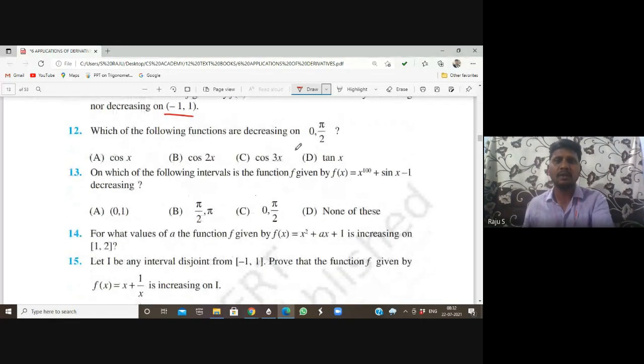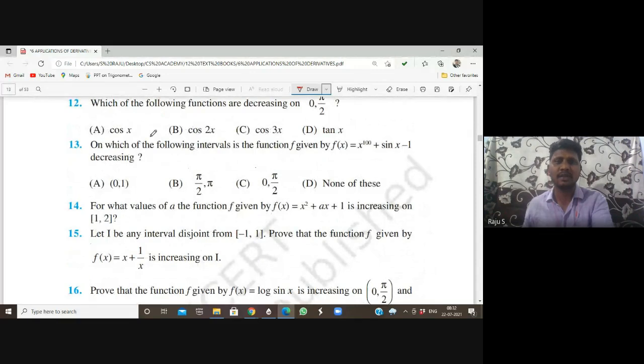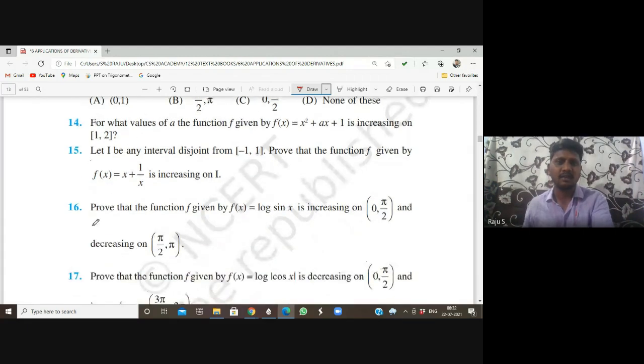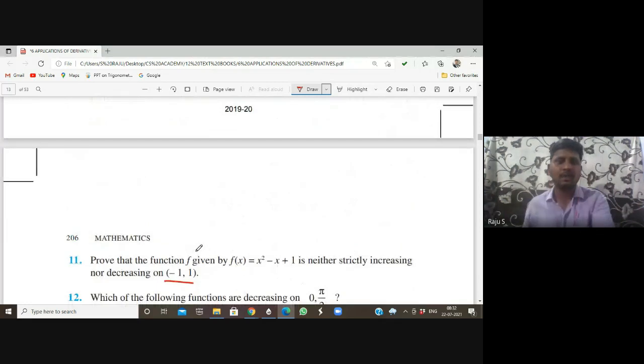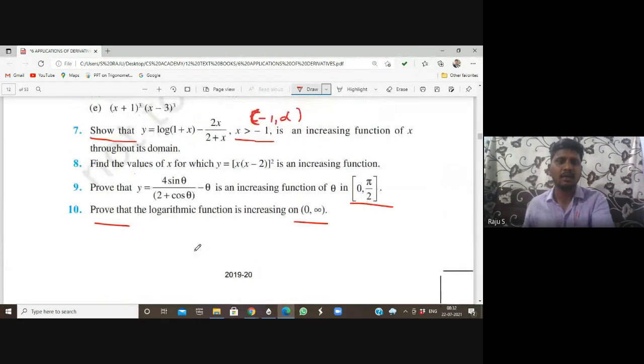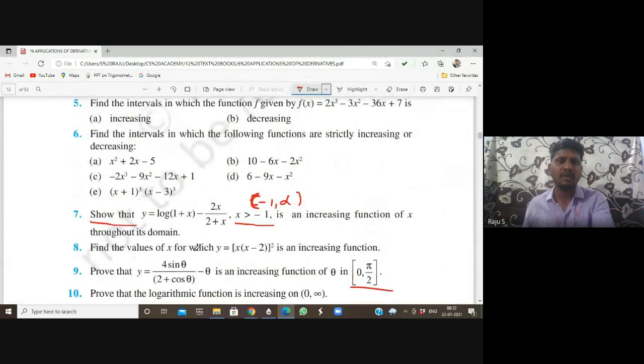Here, they did not ask any show that or prove that. So we have to find which of the following functions are decreasing, like that. Prove that means they give an interval. So if they do not give show that or prove that, we have to take the interval as the real line. I already told you, minus infinity to plus infinity. Which question are we doing? Okay, the sixth one.